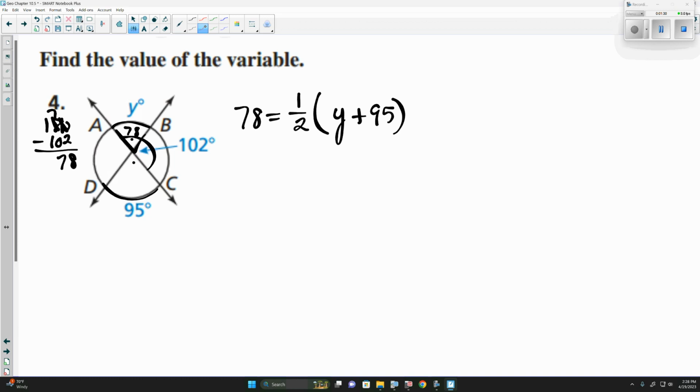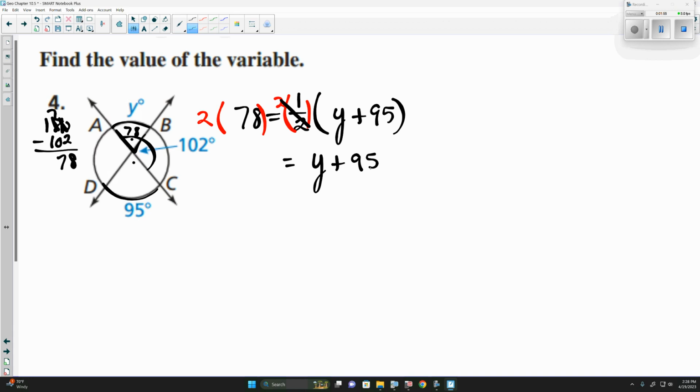Now at this point here, we could distribute the 1/2 with y, or we can multiply the whole thing by 2. The reason we do this is because on the right-hand side, 2 times 1/2 is 1, leaving us with just 1 times y plus 95, or just y plus 95.